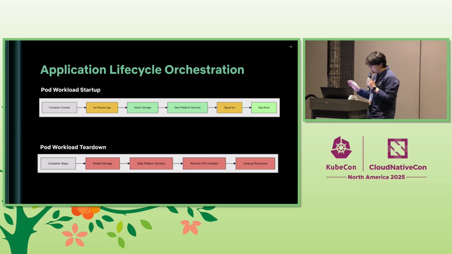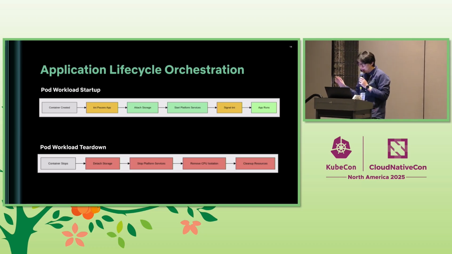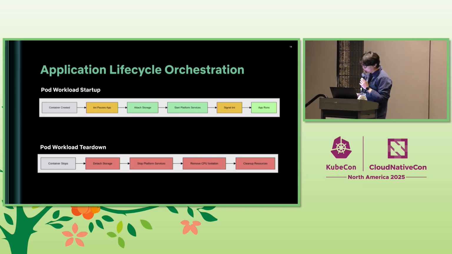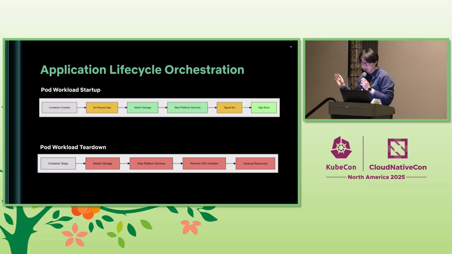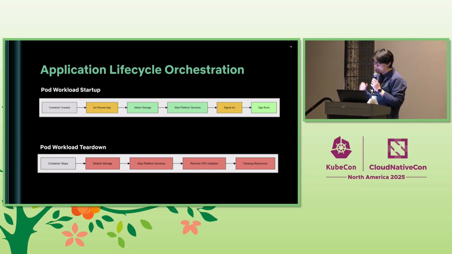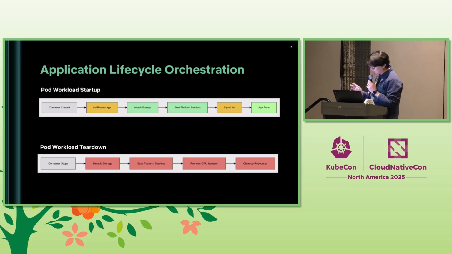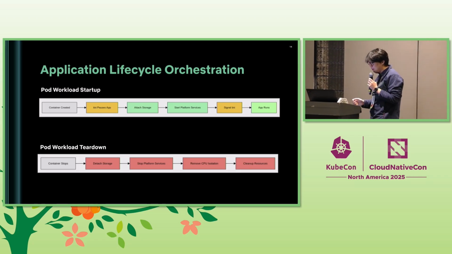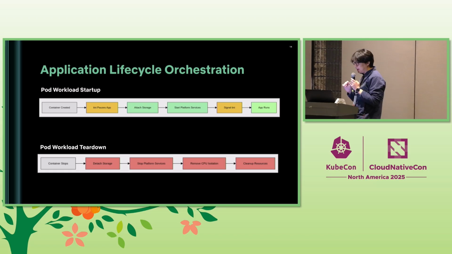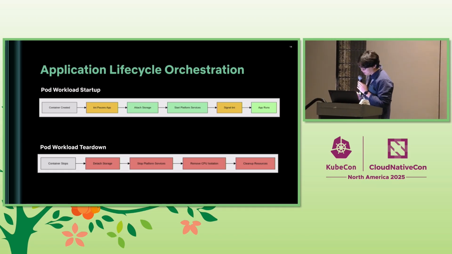This gives us time through NRI to wait for all the pod containers to be created, attach storage, start platform services, and do all the necessary legwork to actually get the workload bootstrapped. Once everything is ready, we use NRI to send a signal to Teeny through a socket to unpause and hand over to the container's actual entry point.